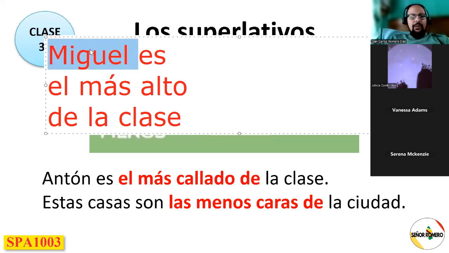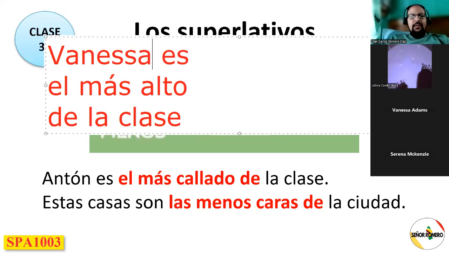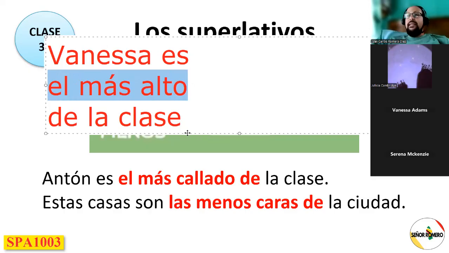Now, look. It's not Miguel now. It's Vanessa. Maybe Vanessa is the shortest, but let's say that Vanessa is the tallest in the class. So I want to say the tallest. How can I say the tallest for a girl? What do I have to change here for a girl? It's two things that I have to change.